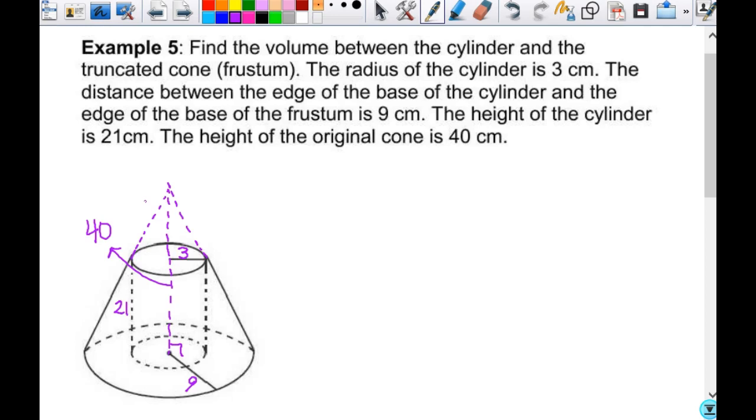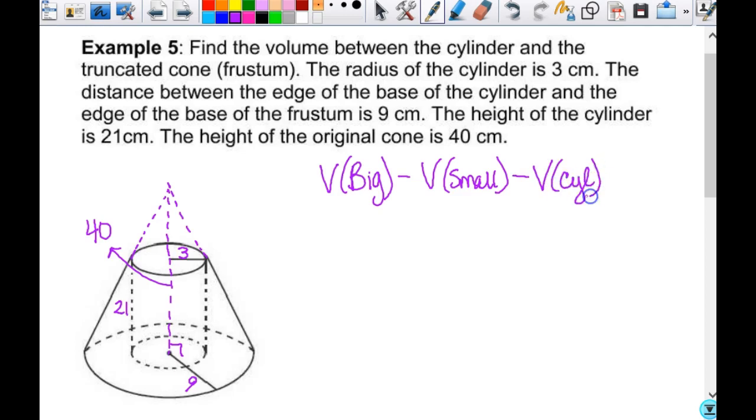But you could have numbered them. I just think my numbers might make it confusing. So I can start off by finding the volume of the big cone. Do you agree with that? Then what can I take off first? Subtract the little cone. So I'll subtract the volume of the small cone. Then what do I need to do? The volume of the cylinder. Okay. Does that make sense? Everybody okay with that?